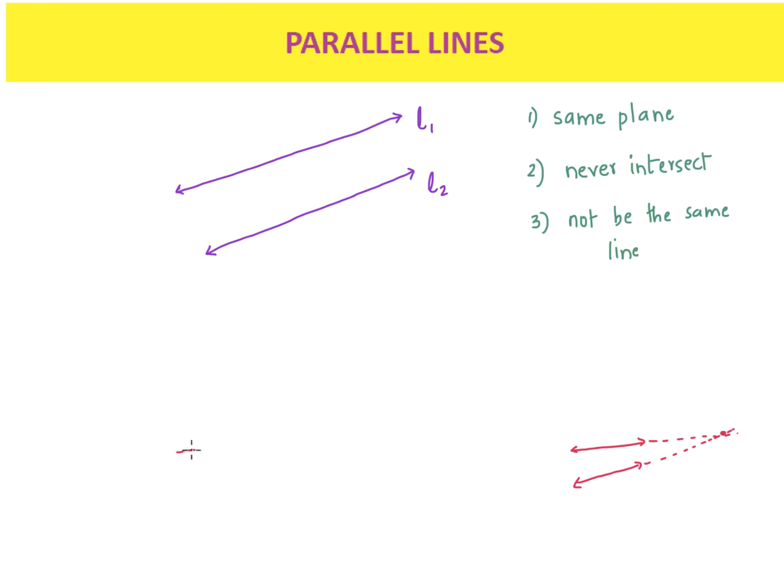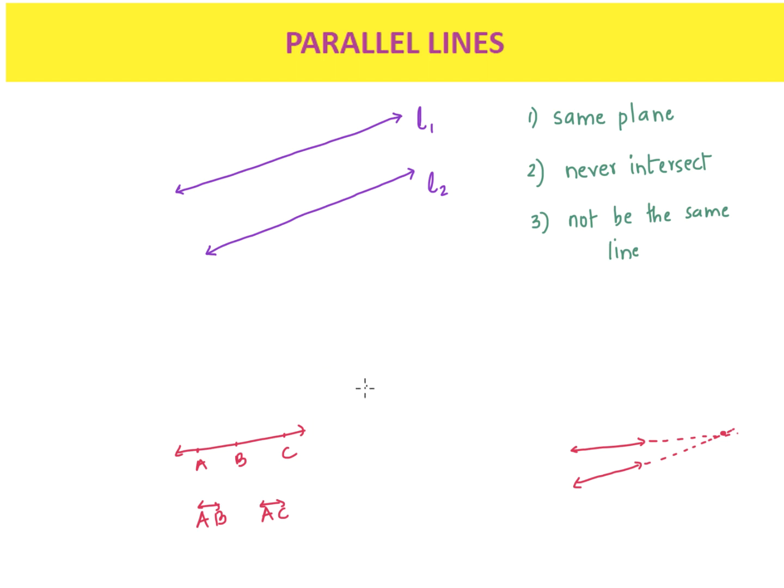Suppose we had this line here, and we had these points A, B, and C. So we have a line AB, and we have a line AC, and these two are not parallel to each other because they're essentially the same line. So in this case, we have L1 and L2, they are on the same plane, they won't intersect even if they keep going on forever, and they are separate lines.